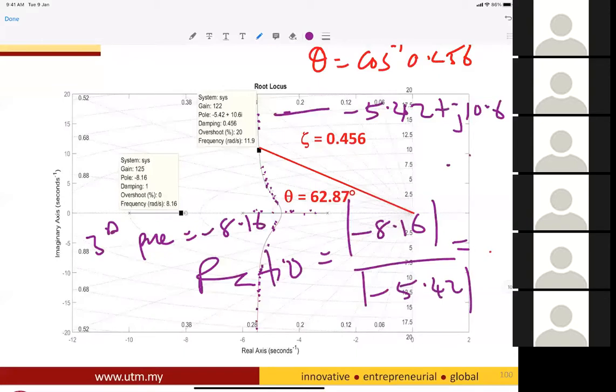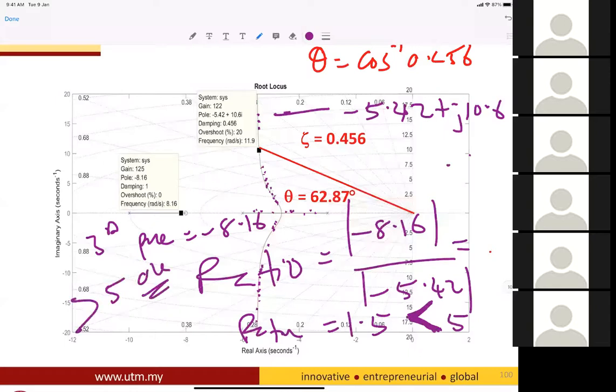Hang on, let me calculate. 8.16 divided by 4. It's 1.5. 1.5, which is less than 5. Okay, less than 5, meaning that the second order approximation is not valid at this point. If greater than 5, it's okay. 5.1 lah. Even 5.0 is marginal or critical.